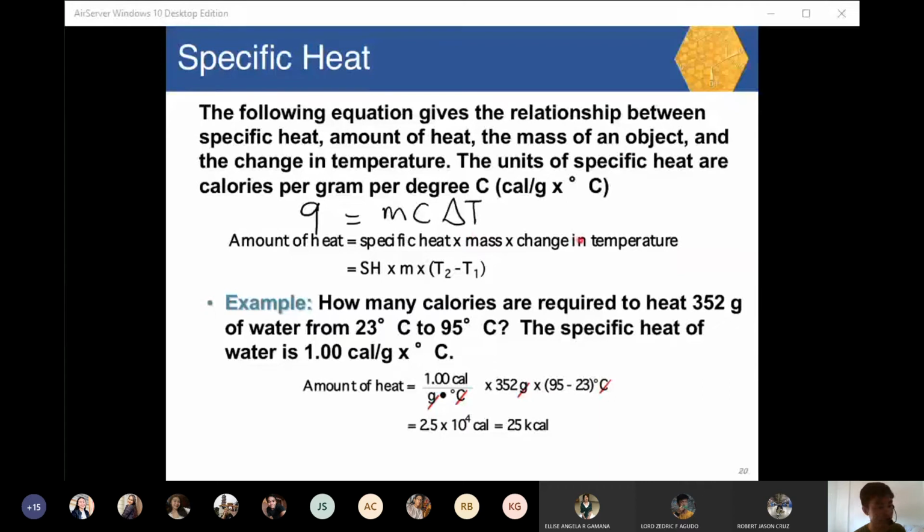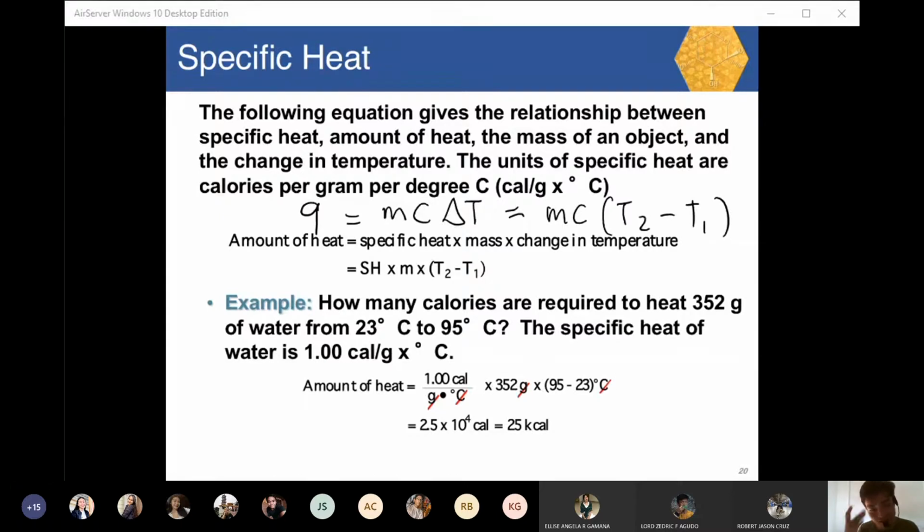That represents the change in temperature. When solving for the change in temperature, that's the final temperature minus the initial temperature. So I can rewrite this as MC times T2 minus T1. This is easier compared to senior high, so don't worry.